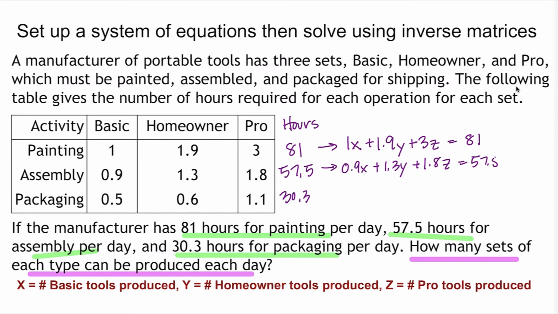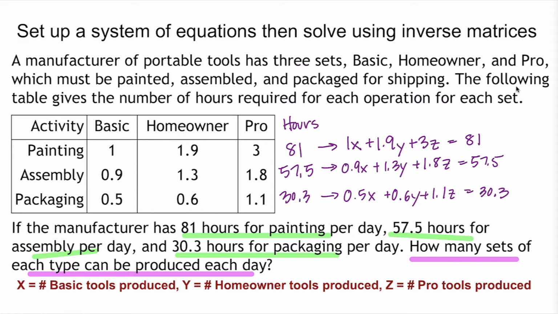And we have 57.5 hours total allocated for assembly. Our equation for packaging would be we need 5/10 of an hour for each basic tool, 6/10 of an hour for each homeowner tool, 1.1 hours for each pro tool, and we have 30.3 hours total allocated for packaging.